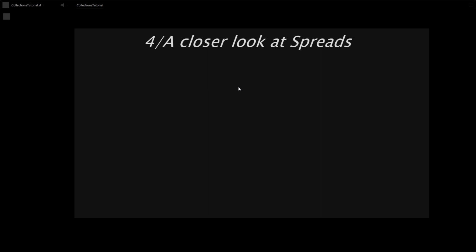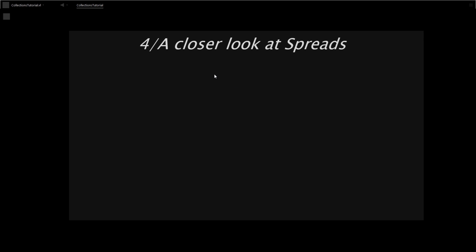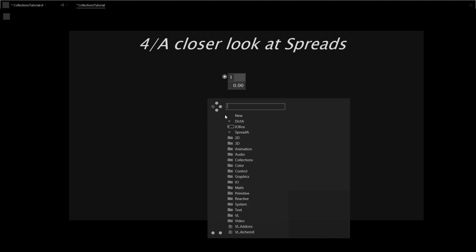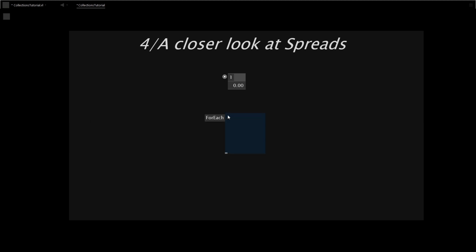Okay, so you should already be familiar with the good old spread. Spread is actually a little bit fancy compared to some of the more low-level collection types you'll find in .NET. Spread can do a few things. First thing it can do is that you can enumerate it, and this is actually the very common behavior. Let's create a spread of float 32, and then we go for each and connect that there.